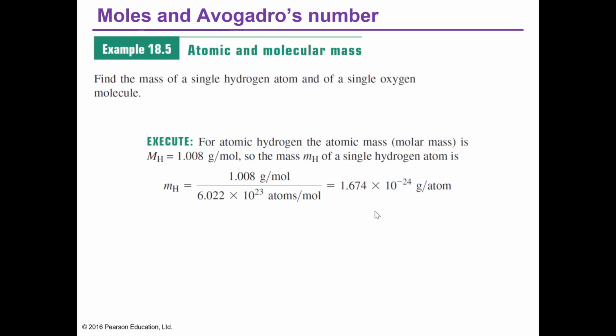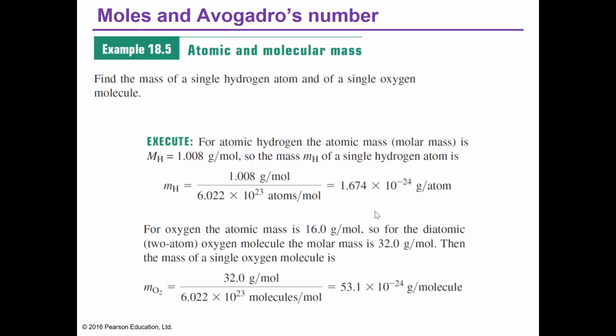For a single oxygen molecule, take note, for oxygen, the atomic mass is 16 gram per mole. But take note, oxygen gas contains 2 atoms of oxygen. Then the molar mass is just 2 times the atomic mass of oxygen, which is equal to 32 gram per mole.